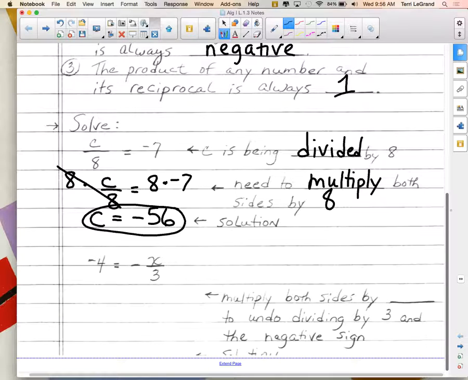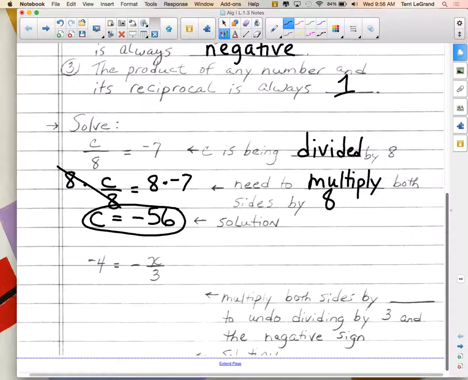Now, I also noticed that you did not really check your answers. I was kind of lenient in the last couple days' homework. It said to check your answers. I'm not going to make you check your answers with paper and pencil, especially on these one-step equations, but let's do some mental math on this. Let's put it in there and see if it checks.